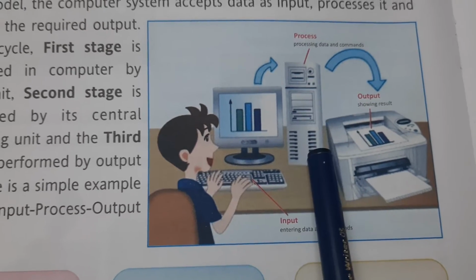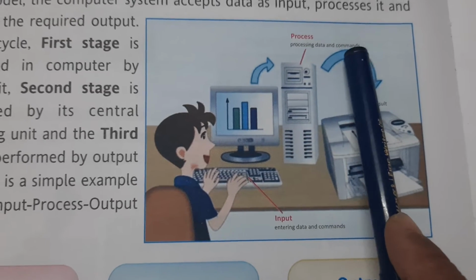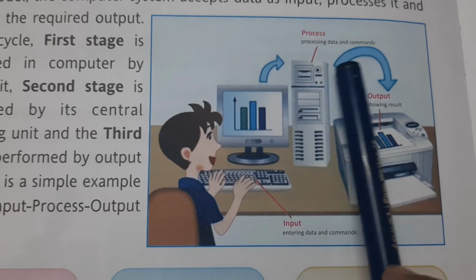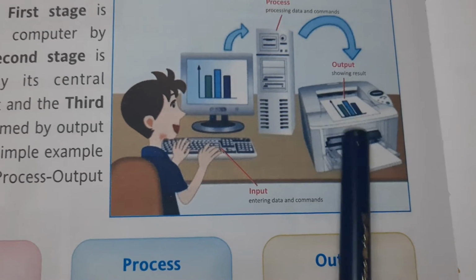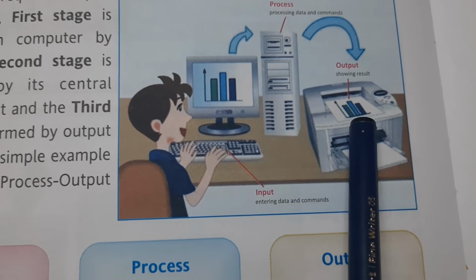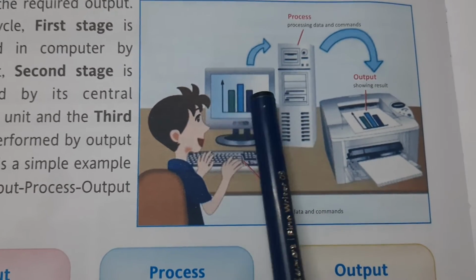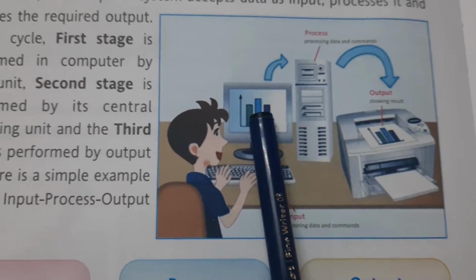This is the CPU box. So here the processing of data and commands is being done. The data is processed according to the commands, and then we get the output, means the result is shown. So here you can see from the printer this diagram is coming out. So it is like the output, and even this is our output also, what we see on the monitor. Okay, so it is simple.